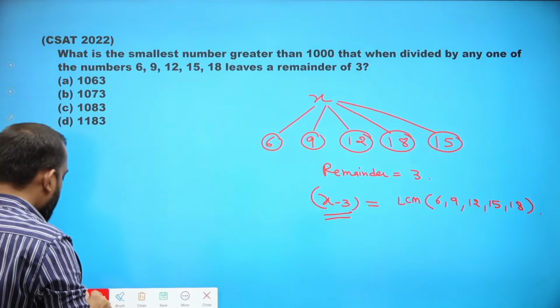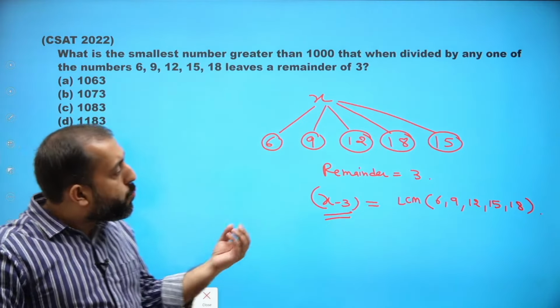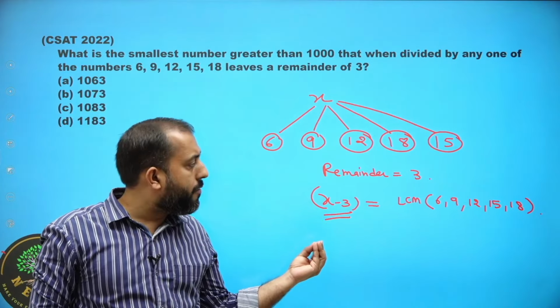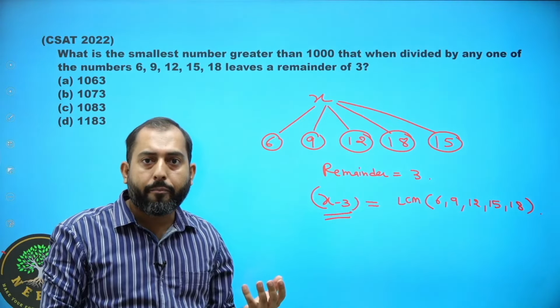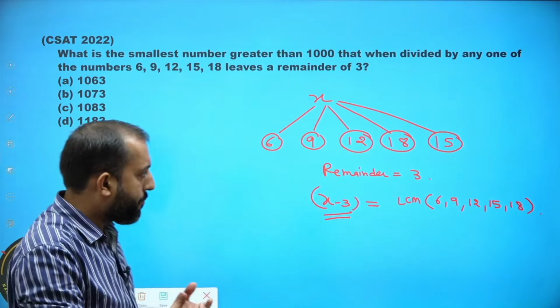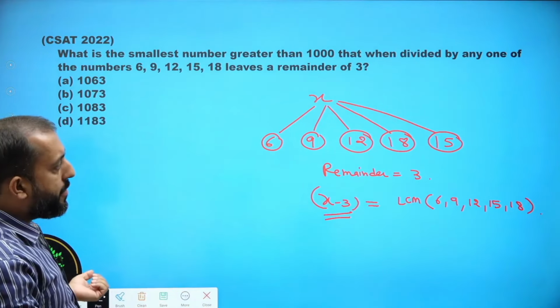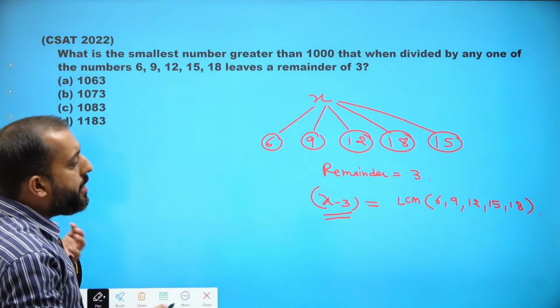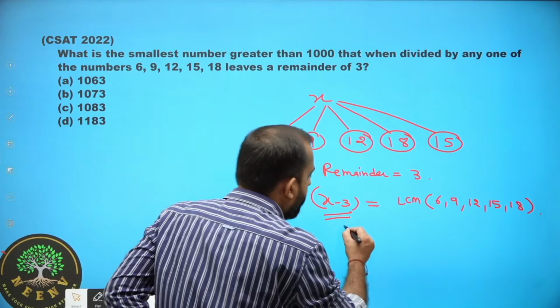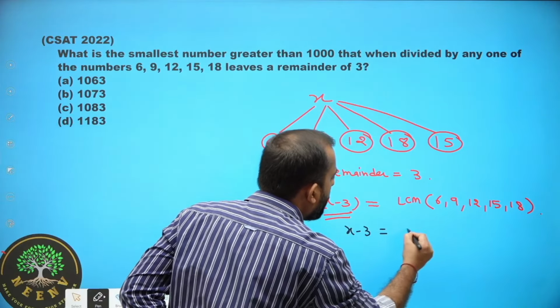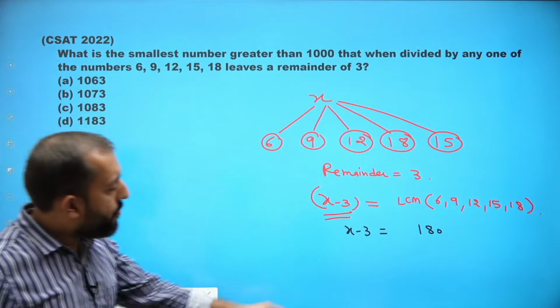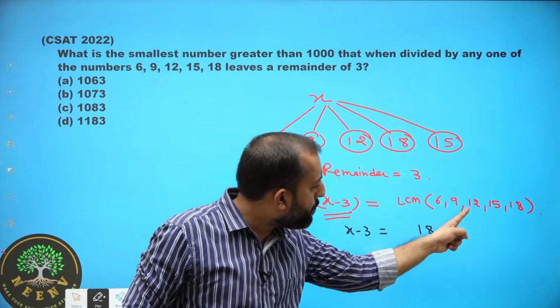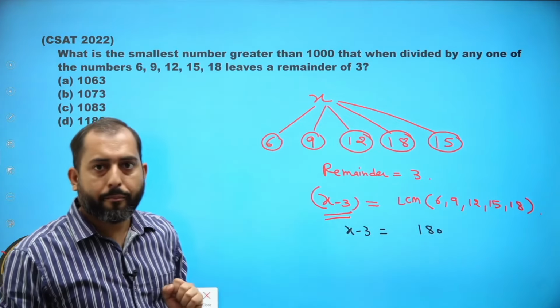Now tell me, what is the LCM of 6, 9, 12, 15 and 18? How to calculate it? The funda is very simple. You can see it will be 180. So x minus 3 will be equal to 180. 180 is divisible by 6, by 9, by 12, by 15, by 18.